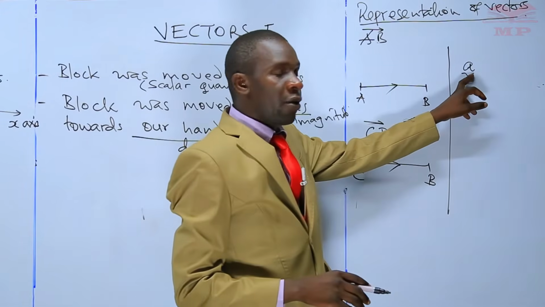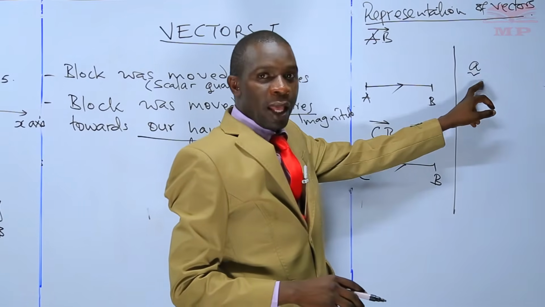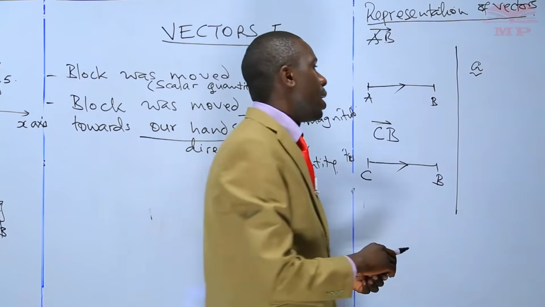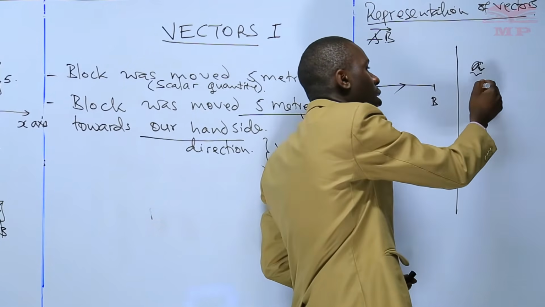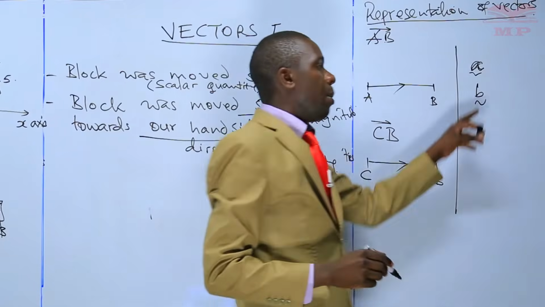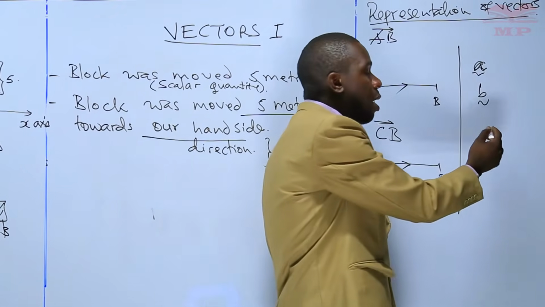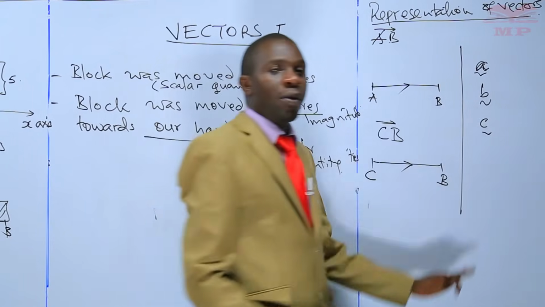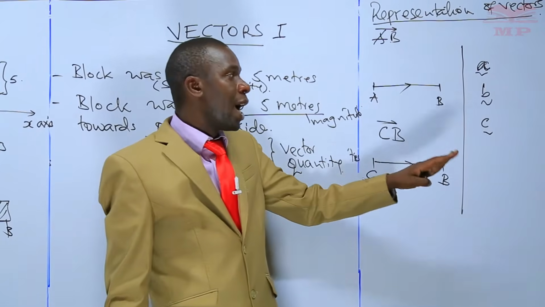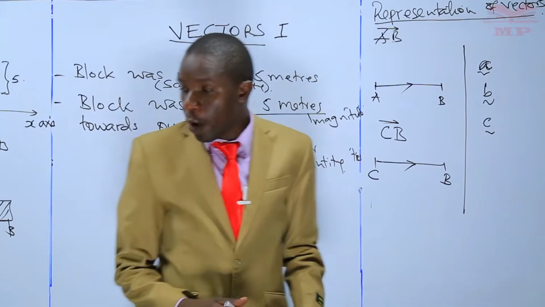So this is read as vector A. We could also have vector B, B with a wavy line just below it. We could also have vector C, which is a C with a wavy line just below it.